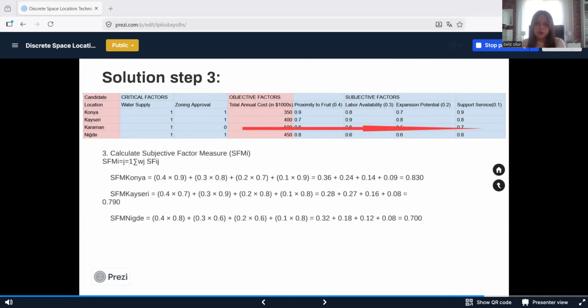We do this for all the subjective columns and sum them up. After the math, Konya gets a subjective score of 0.830, Kayseri gets 0.790, and Niğde gets 0.7.